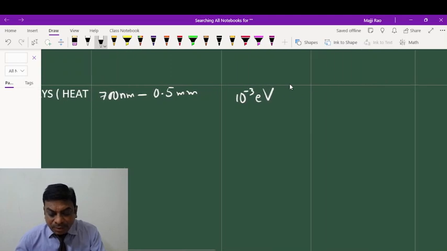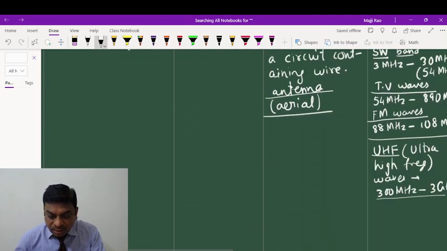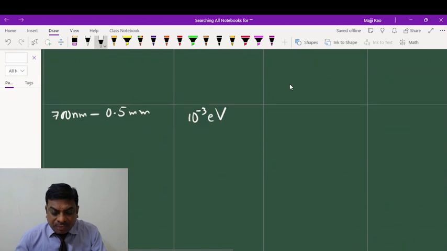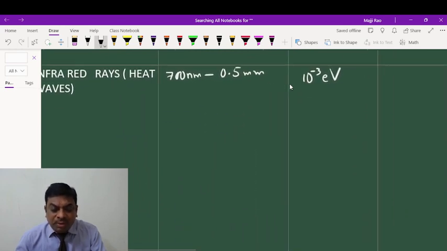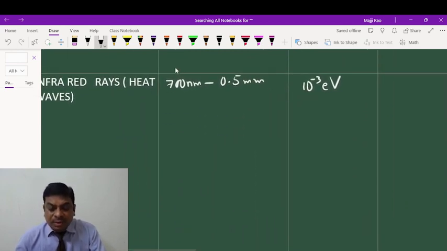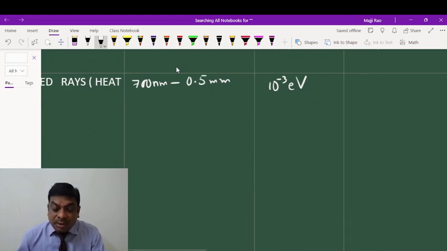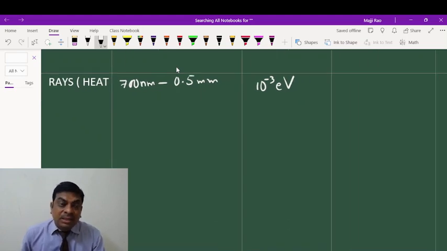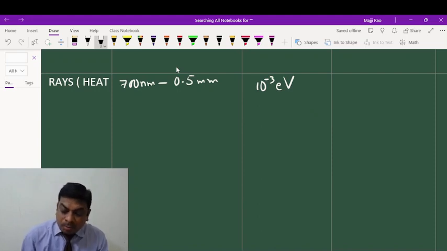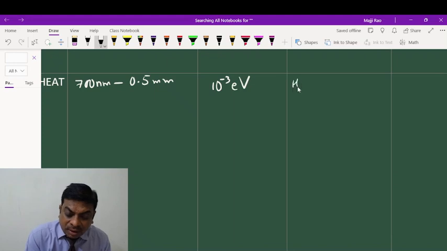Then coming to production, any hot body will be able to emit heat rays. It can be hot milk, it can be hot cooked food. Any hot body will emit heat. Basically, heat is emitted from the molecules of the body. So all hot bodies are in a position to emit what we call heat waves.